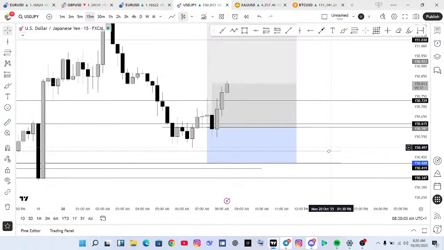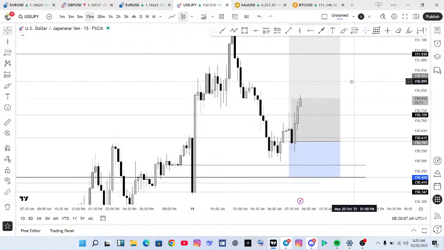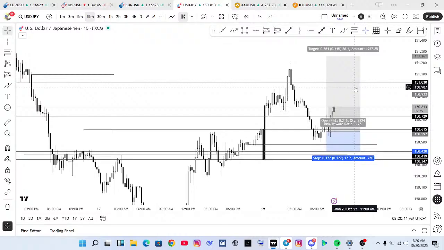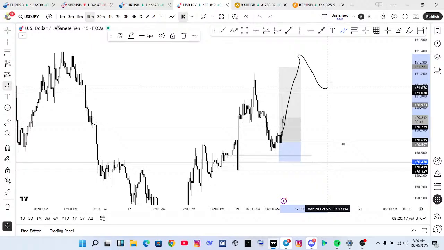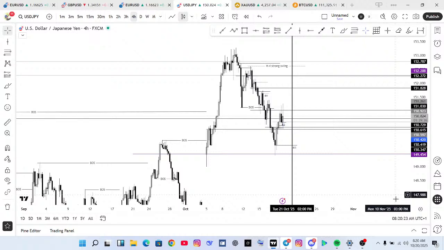So that is all about UJ and EU. I'm expecting price to break this place on USD JPY, probably do something like this, and continue buying. So my main targets will be this high.